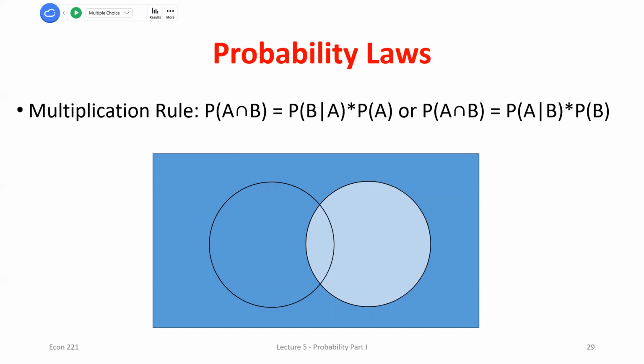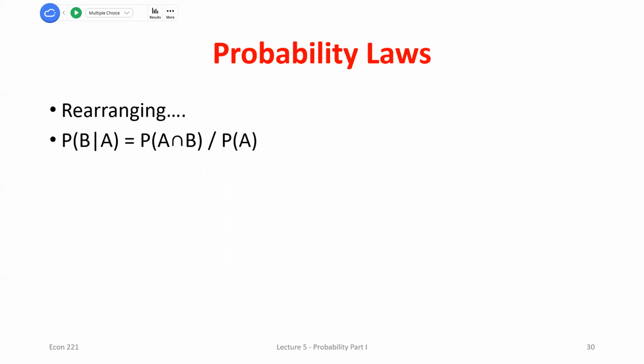So the conditional probability times what I'm conditioning on will give me the intersection. Or said differently, if I want the conditional probability, that is the intersection divided by what I'm conditioning on, right? And it's rearranging that equation a little bit. If that's not quite clear, I can write it up here. Maybe do the algebra and kind of show it to you.